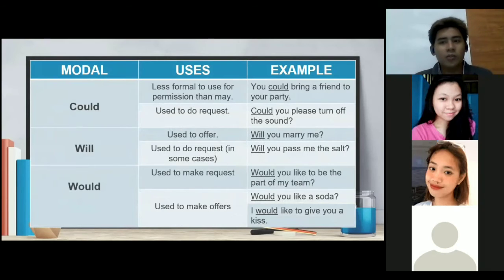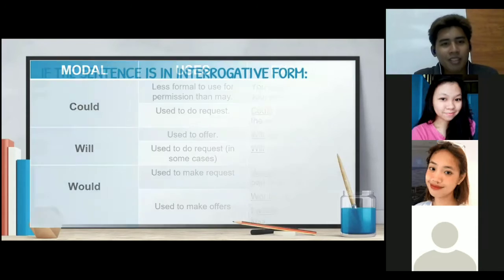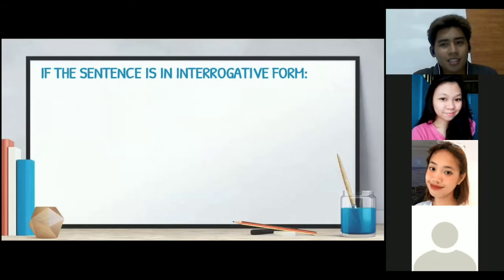So I know that you understand the uses of some modal verbs presented in this PowerPoint. Now, we will focus on the sentence structure, on the basic two sentence structures using modal verbs.